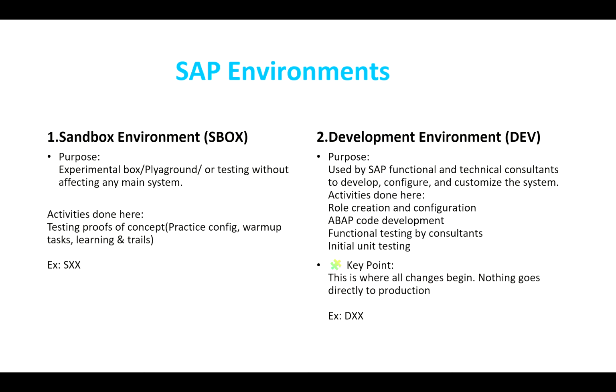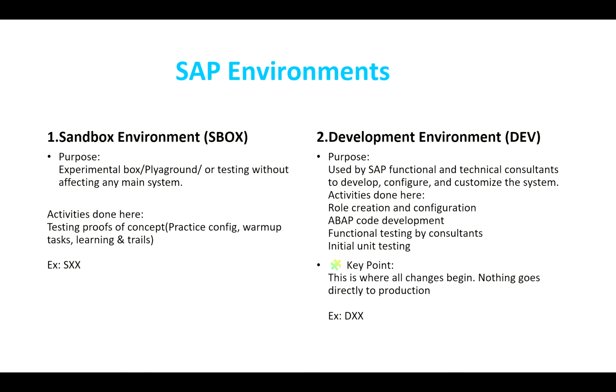If it is a new project, they discuss all the requirements and prepare a configuration guide document. In the document everything is mentioned: what is required for which country, what roles we need to create, and who the users are who will test it. Accordingly they start configuring the system. Role creation, configuration, ABAP code development, functional testing by consultants, and initial unit testing happen here.